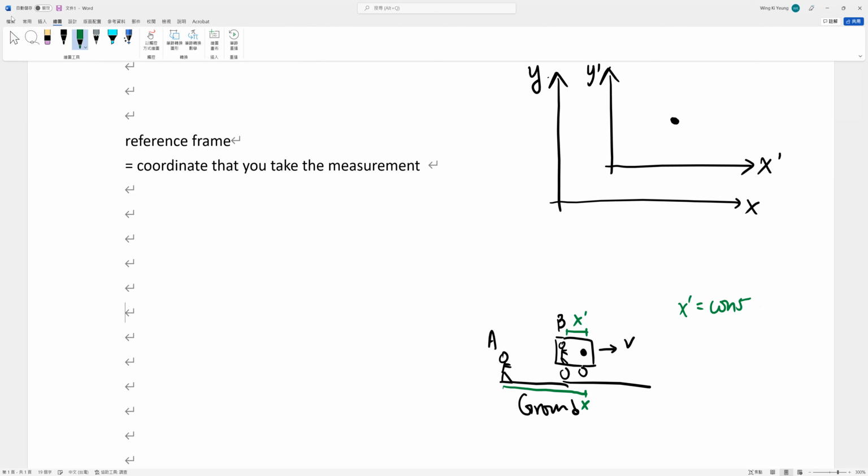This is just one example. In reality, we are describing the motion in 3D or 2D.